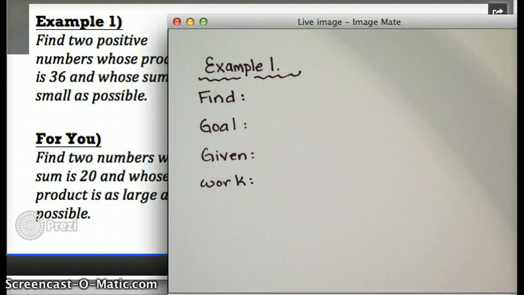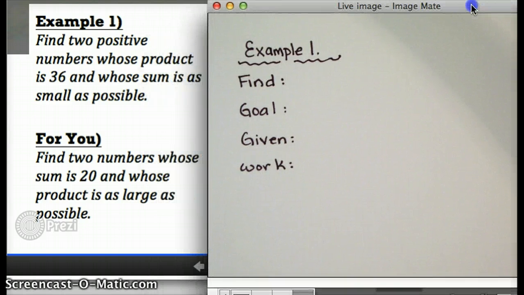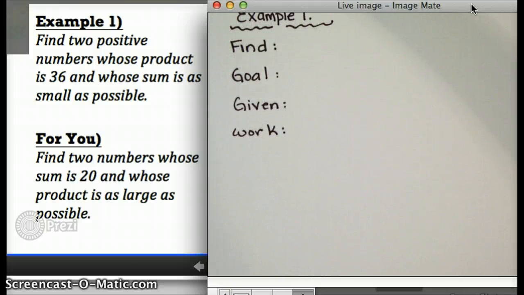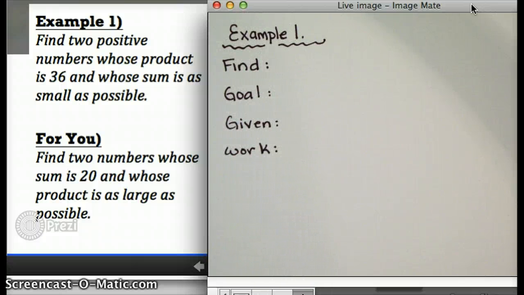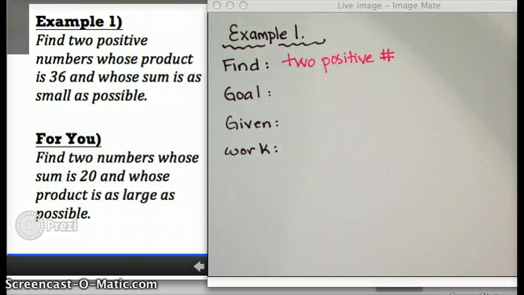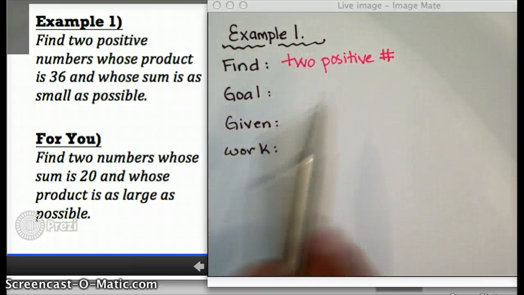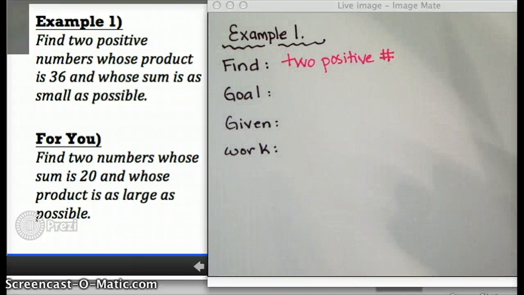When you set up this problem, I'm going to recommend the normal word problem setup with one little thing added in. We always start with what we're trying to find, and that's just to make sure that your answer suits the way the question's asked. So in this case, we're asked to find 2 positive numbers. Now, the reason I've added goal into my setup is because 2 positive numbers doesn't really tell me enough to get started.